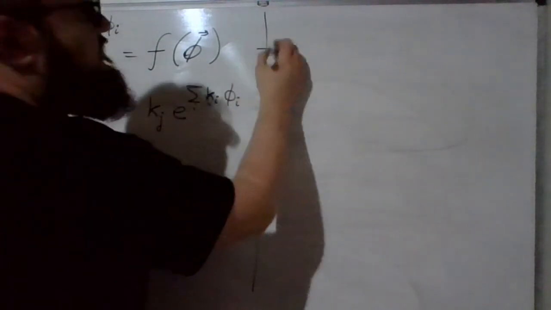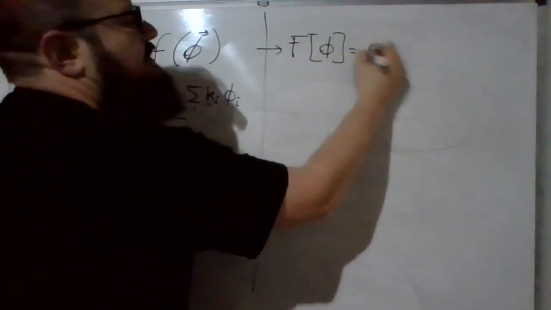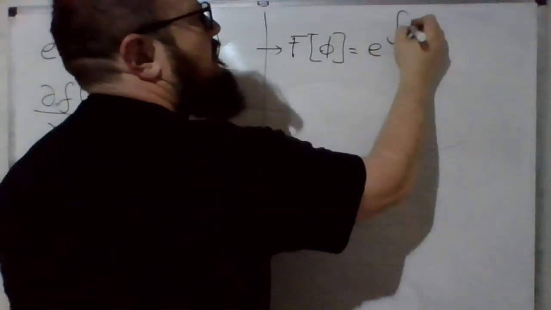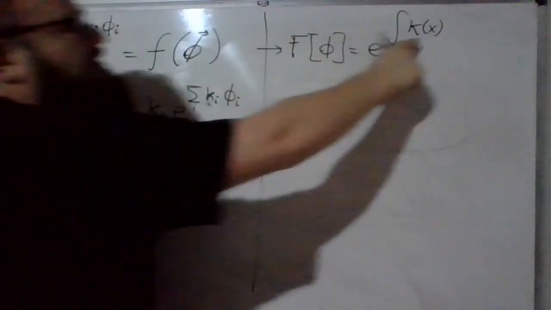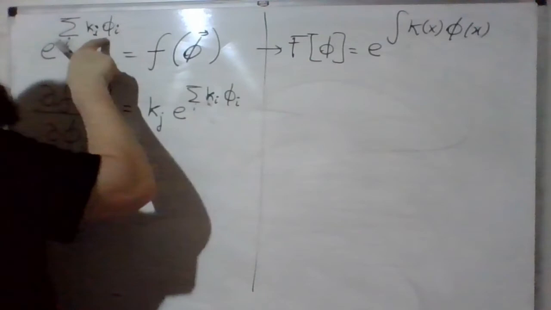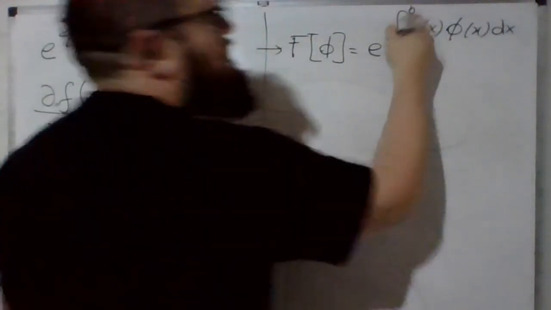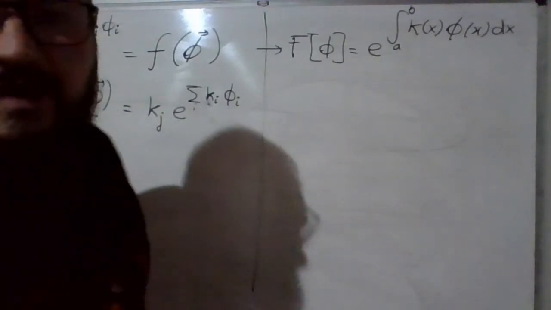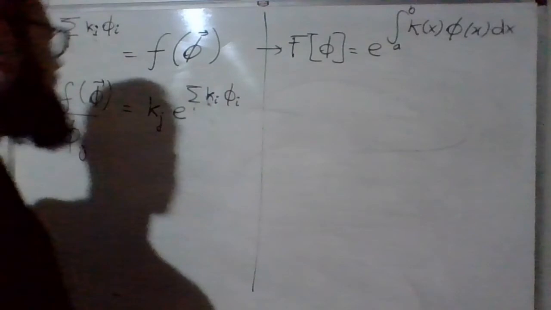Now we have a functional, which is just an integral, because now k is indexed by a continuum, and also the phi goes from a to b, which could be taken as minus infinity and plus infinity, no problem with that.